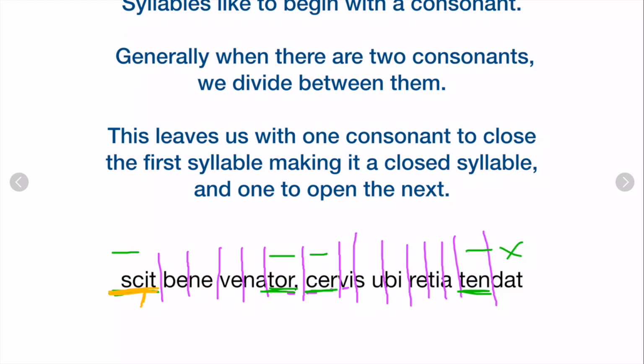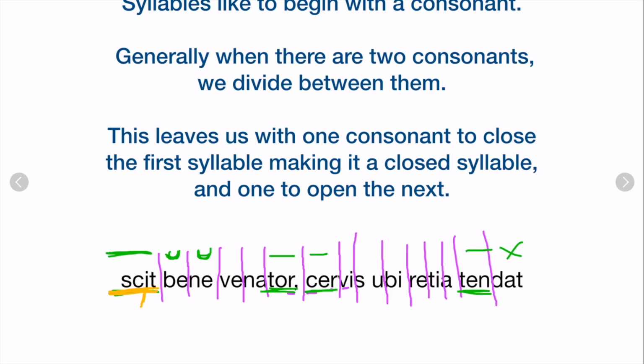So we're actually now ready to scan this whole line. Let's take a look. Okay. All right, so we know the first one is long because it's closed. If we looked it up in a dictionary, we'd see that that E in bene, those are both short by nature.